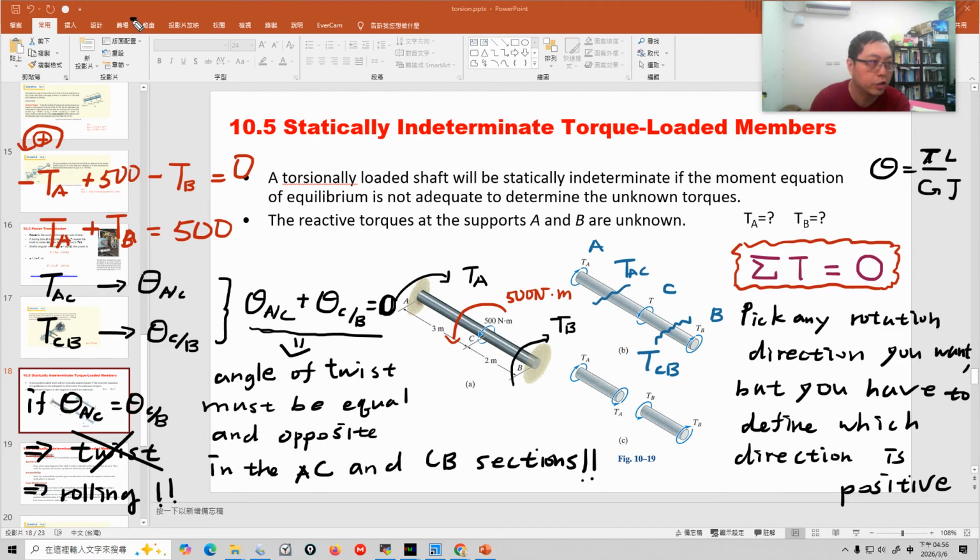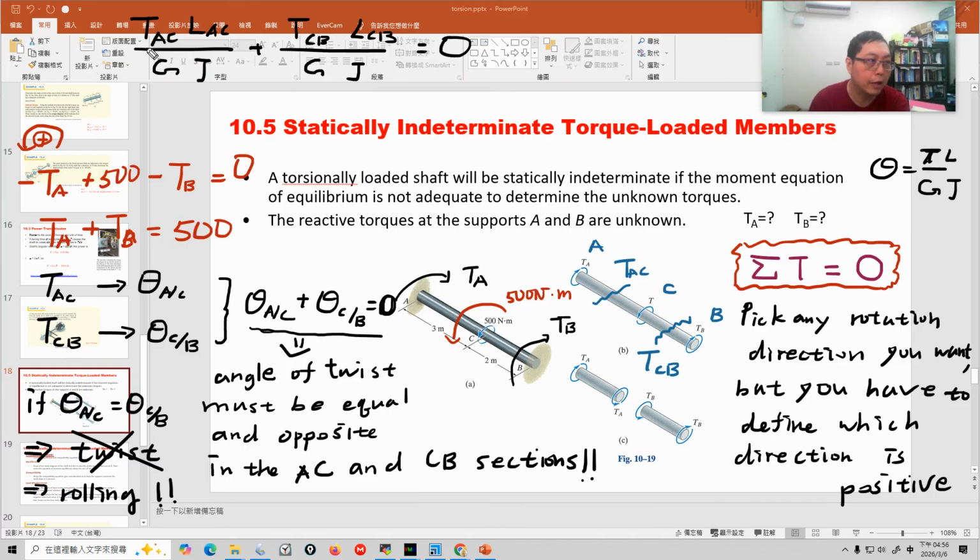That will become TAC times LAC divided by GJ plus TCB times LCB divided by GJ, added together equal to 0. We assume the same material, so the GJ is the same for the AC section and the CB section.